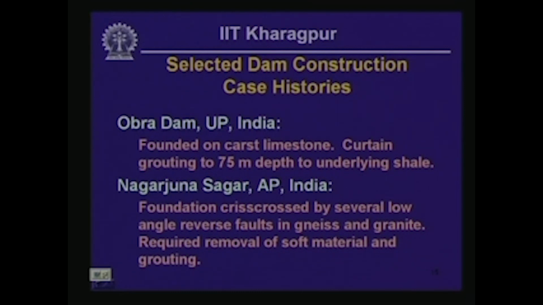This dam is a gravity dam constructed across the river Rihand near the border of UP and MP in the southern fringes of Uttar Pradesh, and this particular dam is sited in an area which is underlain by limestones, and you can imagine that uncompacted limestones are quite soluble, and such limestones could develop caverns and cavities within the rock mass because of their solubility, and this type of terrain is called karstic terrain.